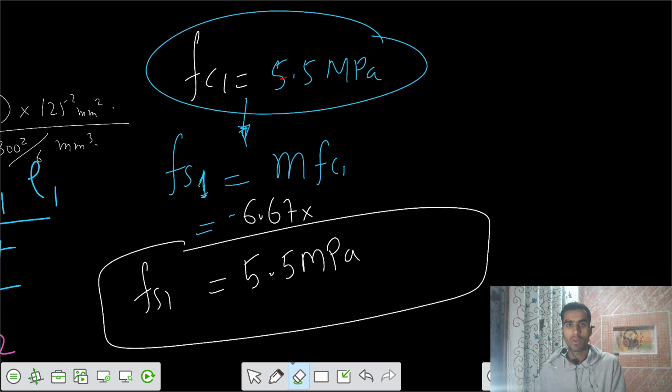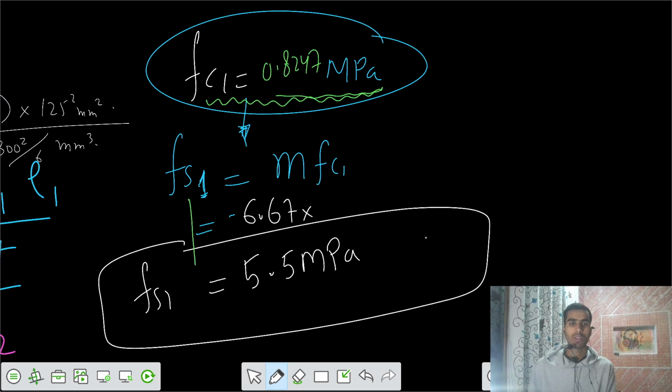That means here the value is 0.8247. So your stress in the concrete at that level is 0.8247, and corresponding to that your loss of stress is 5.5 megapascals.